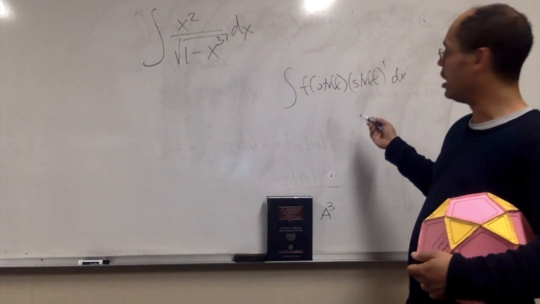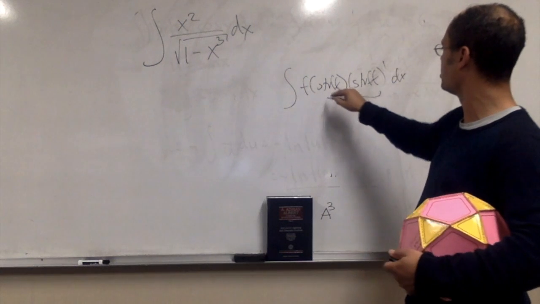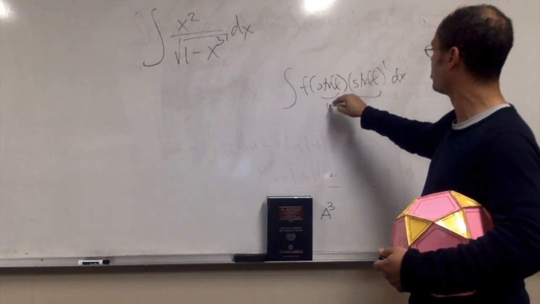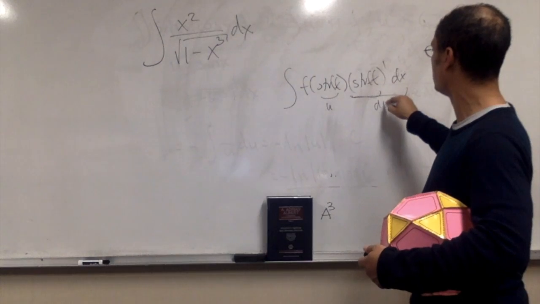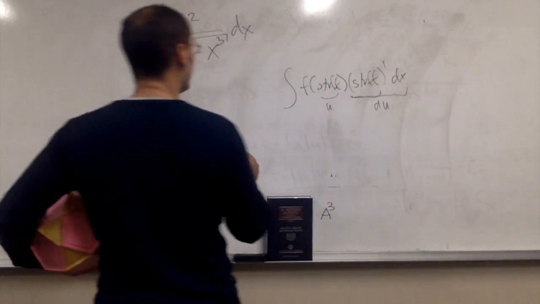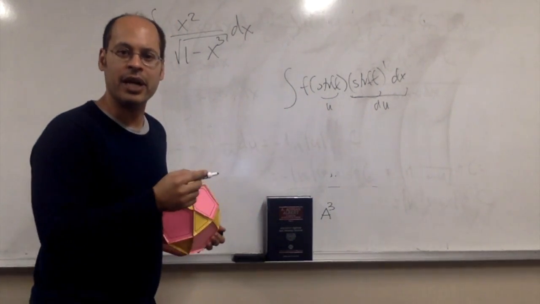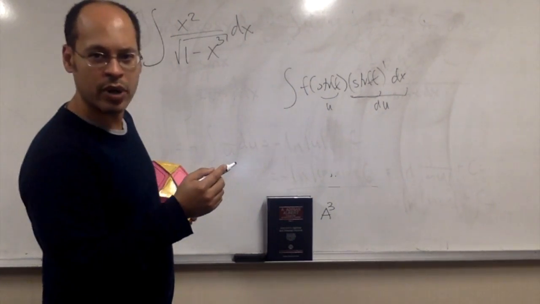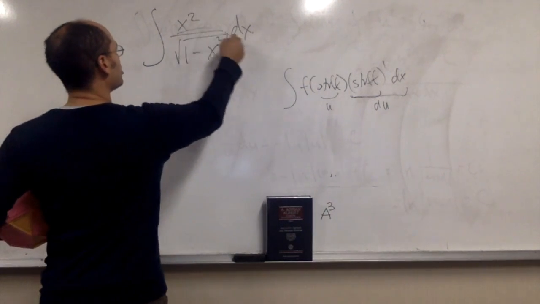This stuff is what we'll call u, and this part is what we'll call du. And so in this thing, we want some stuff multiplied by the dx that's going to be our u prime, right? And so this is a reasonable candidate.